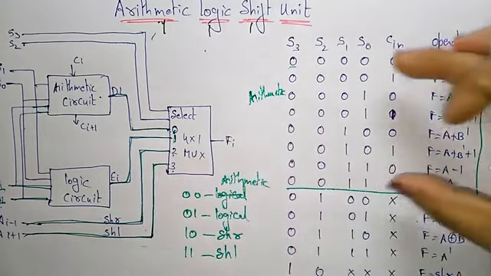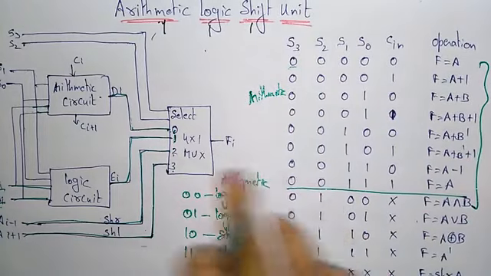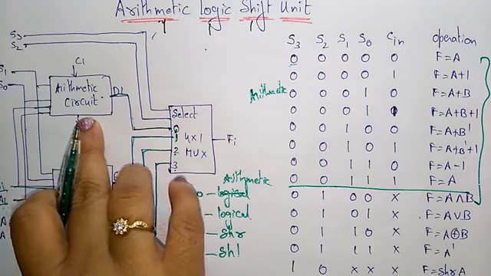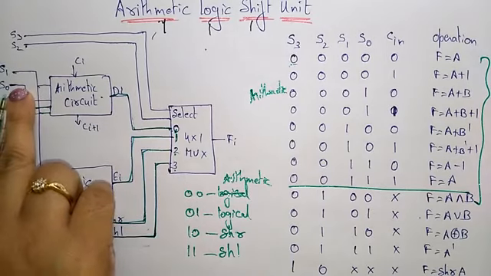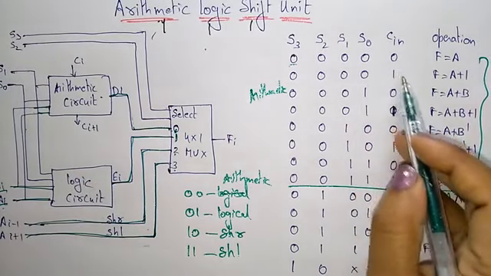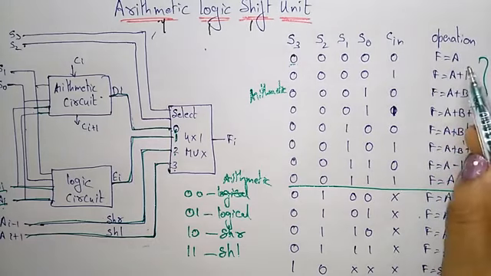So that one is clear. If S3, S2 are all zeros, only the arithmetic circuit will perform the operation. The inputs for this are S1, S0. Suppose both are zeros, then F is equal to A, which transfers the value of A, only transferring the data.